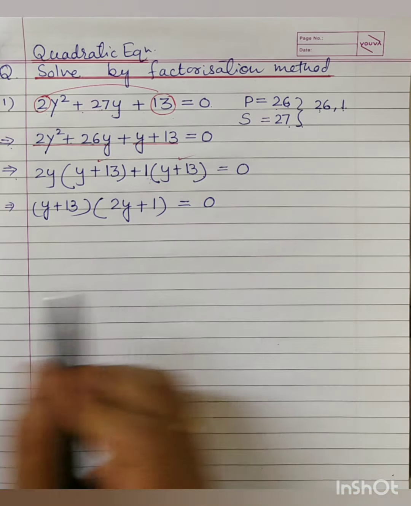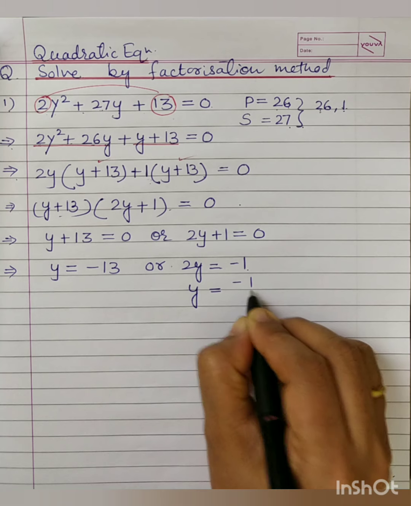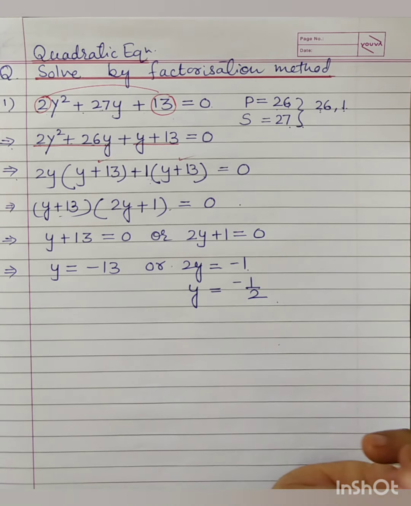Either y plus 13 is 0, the first bracket, or 2y plus 1 is 0. This gives y equal to 0 minus 13, that is minus 13, or 2y is equal to minus 1, that is y equal to minus 1 upon 2.